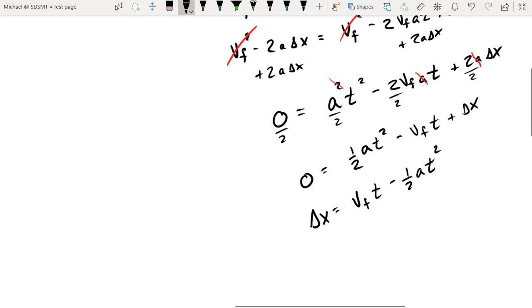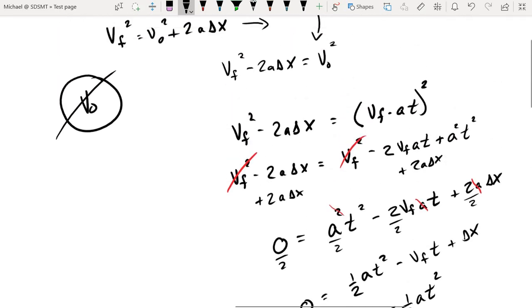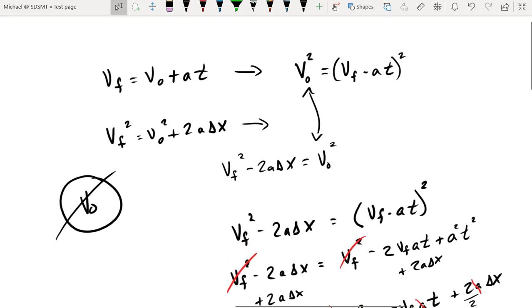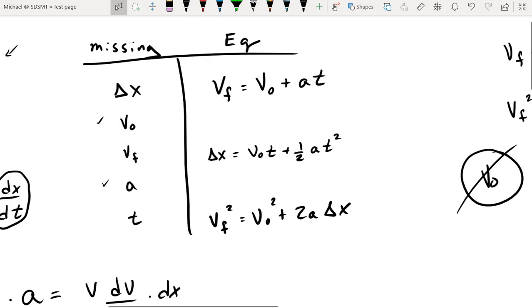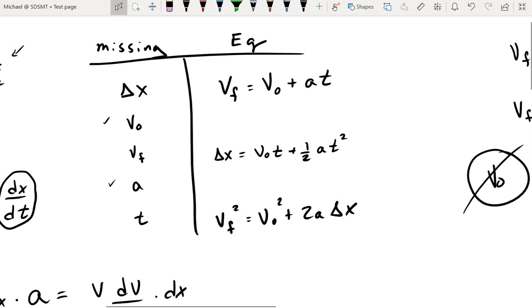So there is our fourth kinematic equation, and we were able to produce that simply by combining two of the equations that were already present. So we have delta x equals v final t minus half at squared.